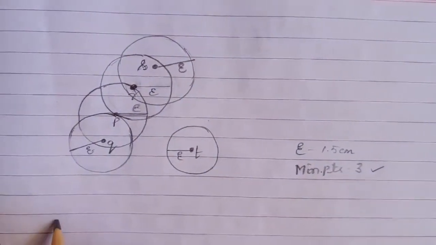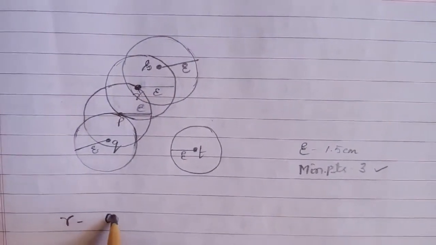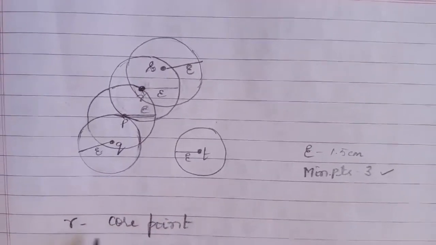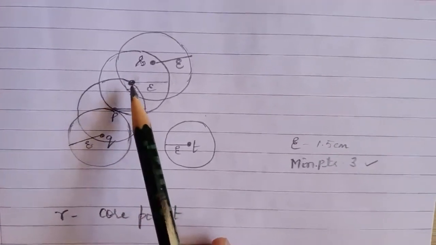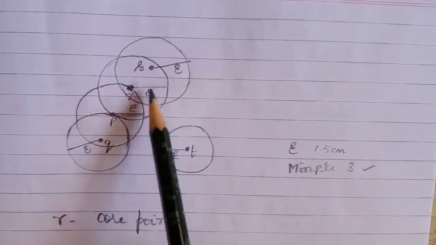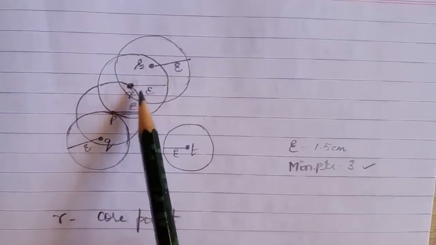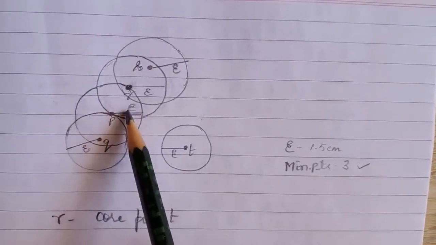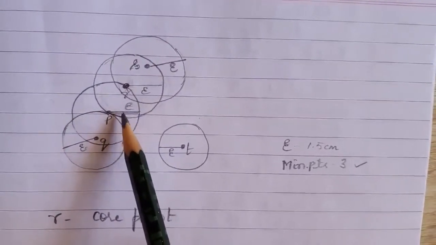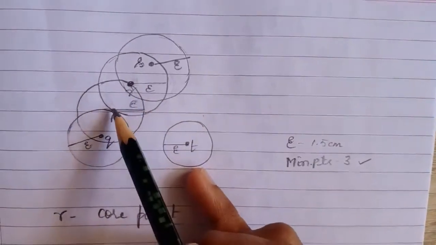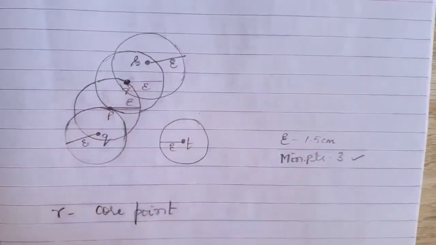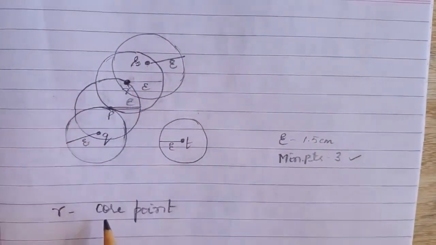Then you call point R a core point. If you draw a circle with epsilon radius from point R, and in that circle you have the minimum points given, in this example 3, with R, P and S in this circle, then you can call R a core point.